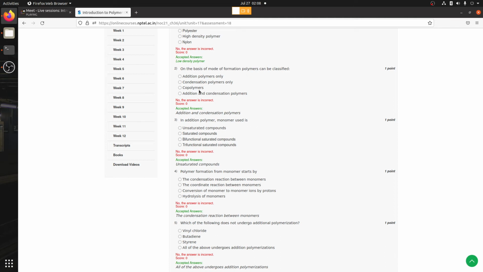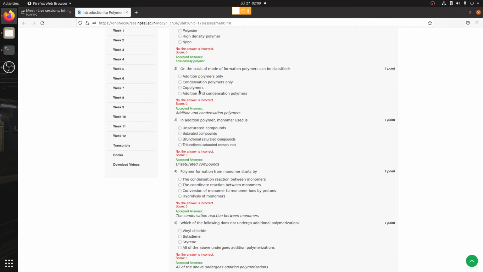Homopolymers, which is like you have one monomer and there is only one kind of monomer. So the polymer is like a long sequence of A. So this is homopolymer. But copolymer is something where you have A and B, something like this.